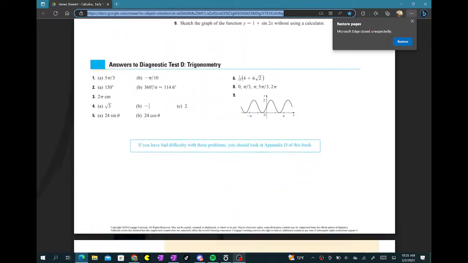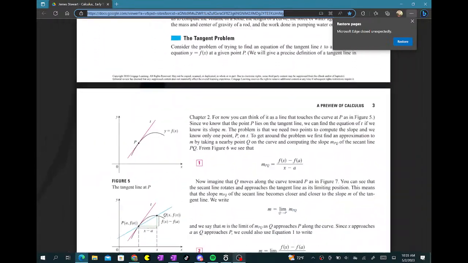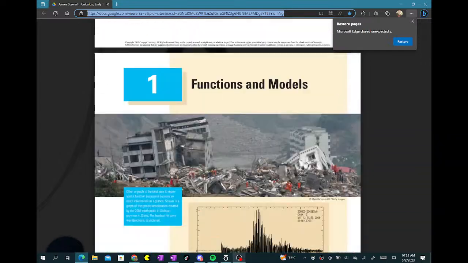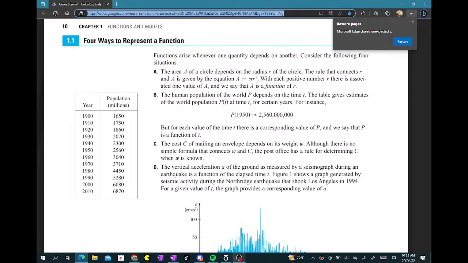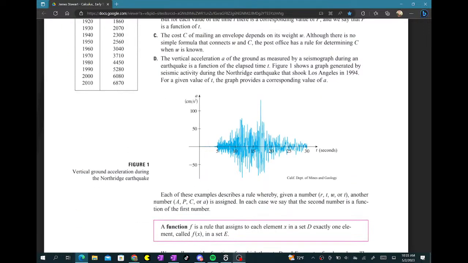So basically the first chapter of this book is functions and models, and this is kind of a brief overview of what a function is, models, and applications from college algebra.